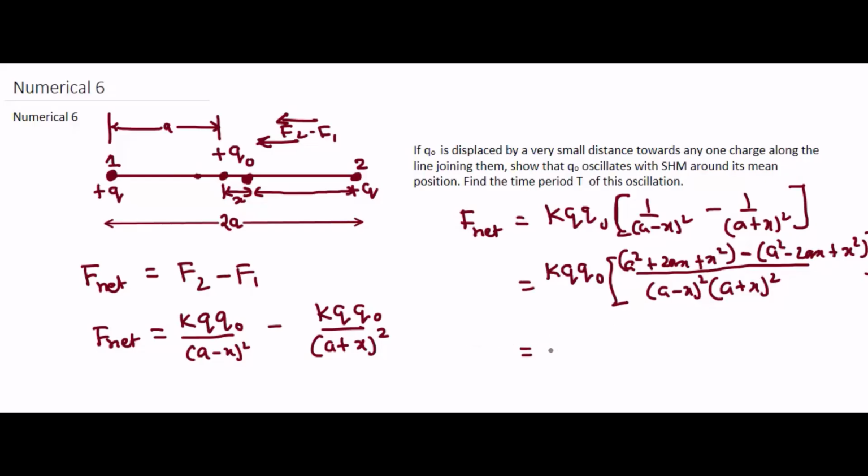In the numerator you can see a square will get cancelled out, x square and x square will also get cancelled out. You will have 2ax plus 2ax, so the numerator will become 4ax.